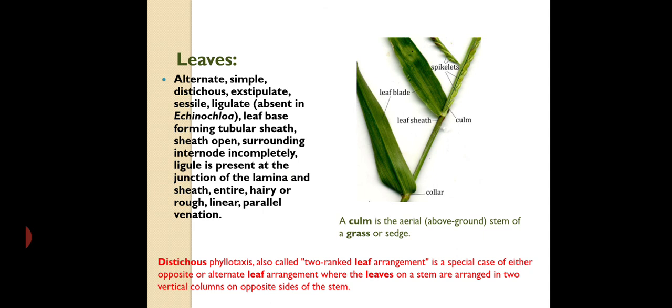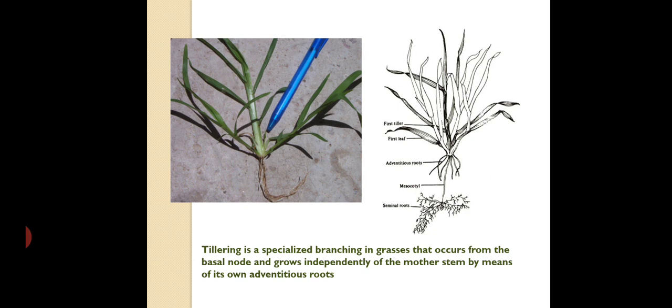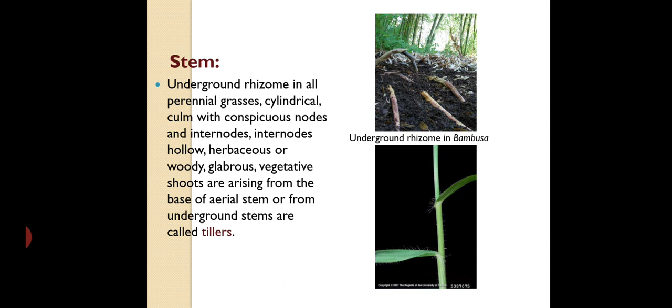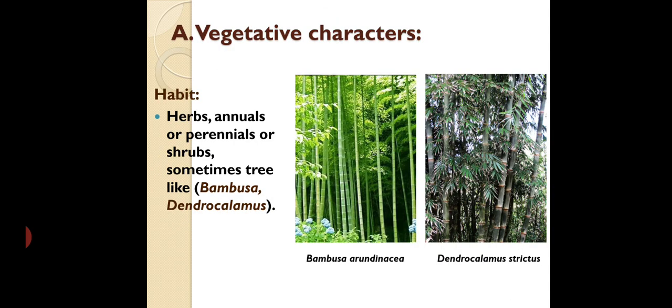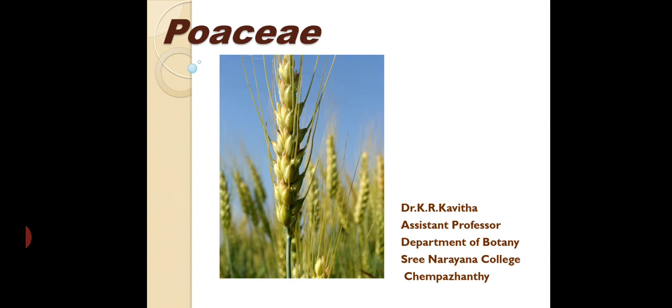One 4-mark question may be: briefly explain the structure of this spikelet. Then 2 more questions may ask about lodicules, then about the stem characteristics, like that. So many questions you may get.